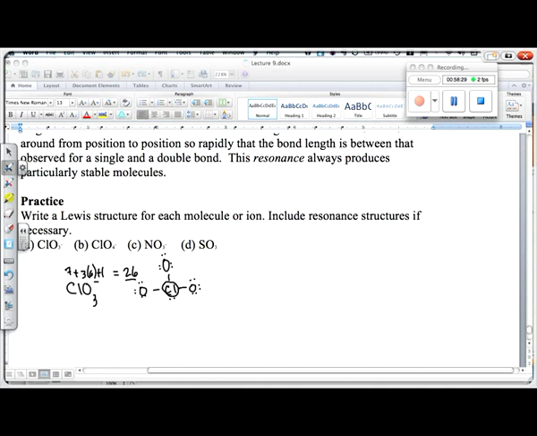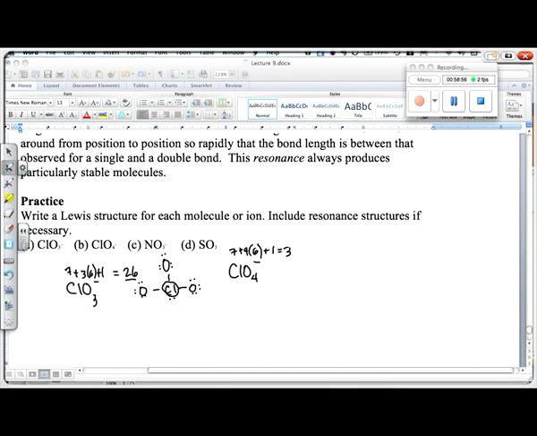See if, indeed, ClO4, if we can get all of our electrons in and not have any double bonds, because you should not. Now, I have seen this molecule with double bonds, but chlorine really cannot double bond. So 7 plus 4 times 6 plus 1, so 24 and 8 is 32.